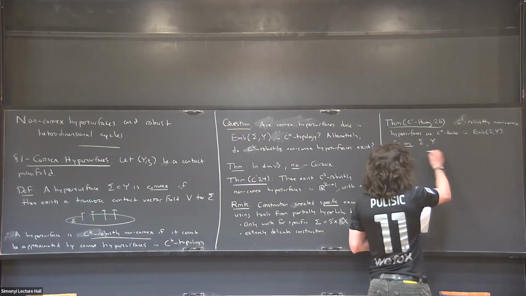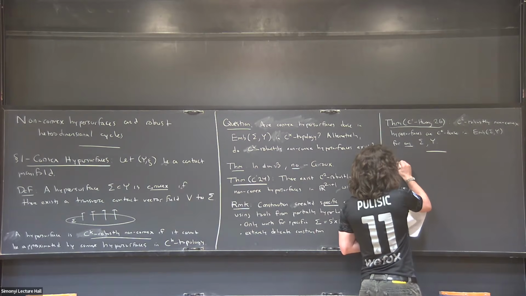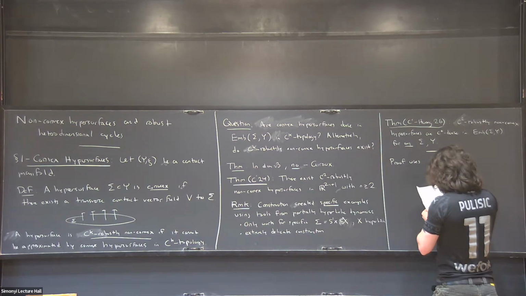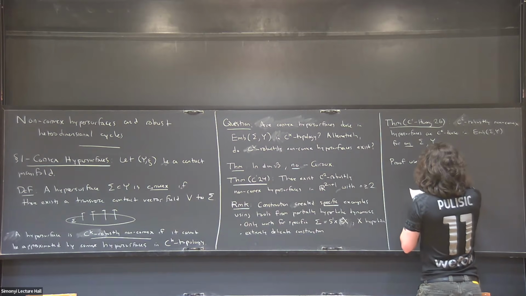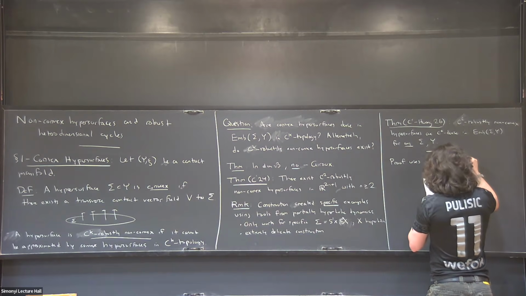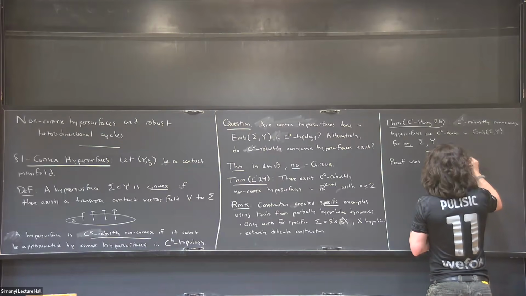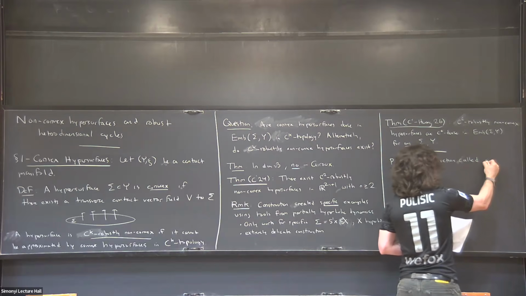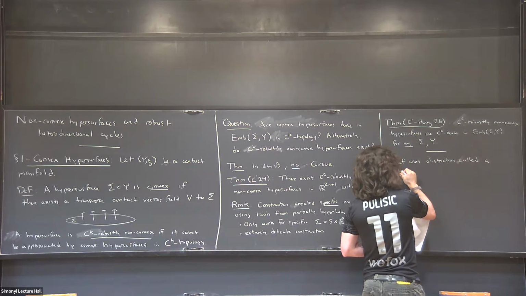Here, just as a little preview, the proof uses an obstruction called a robust heterodimensional cycle.